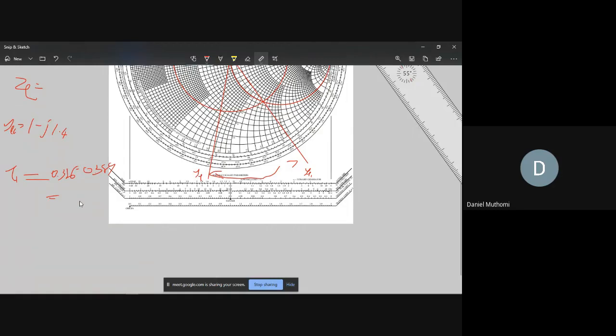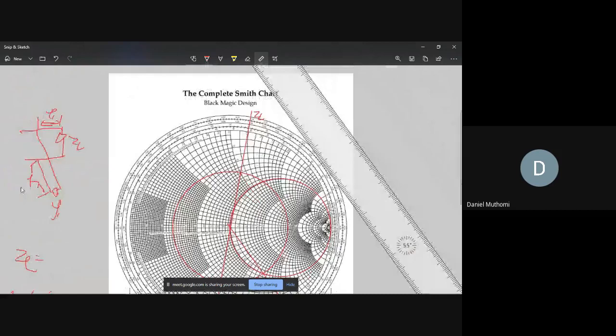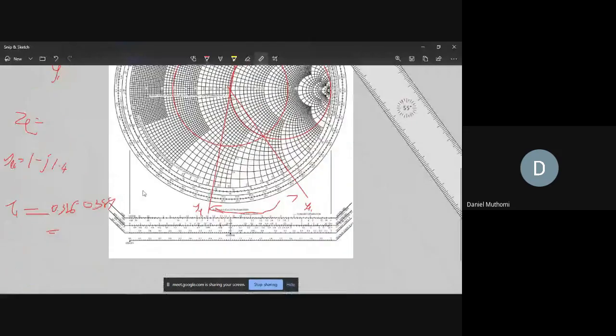Yeah. So the next thing left to find is this distance from where the stub will start to the actual stub itself.